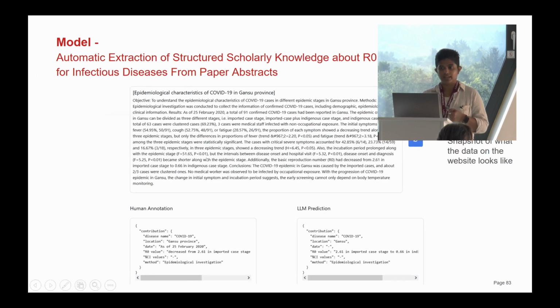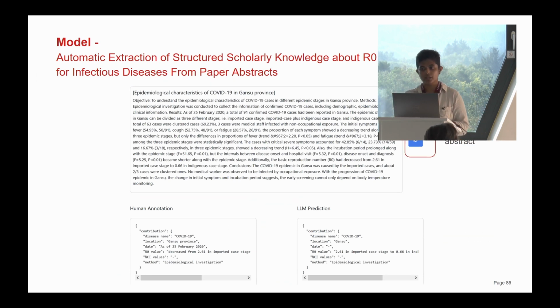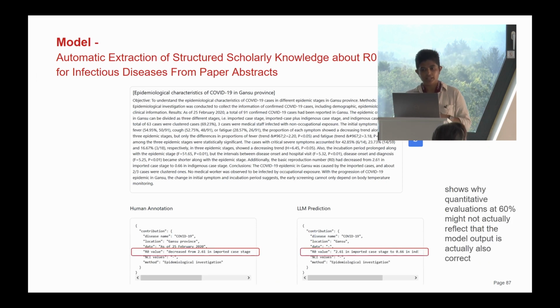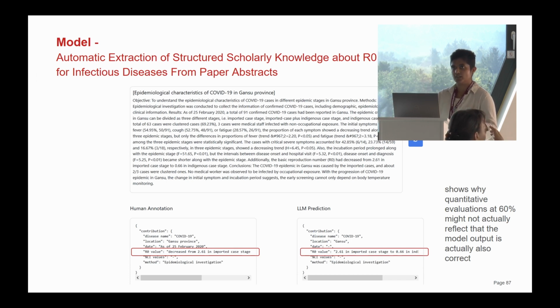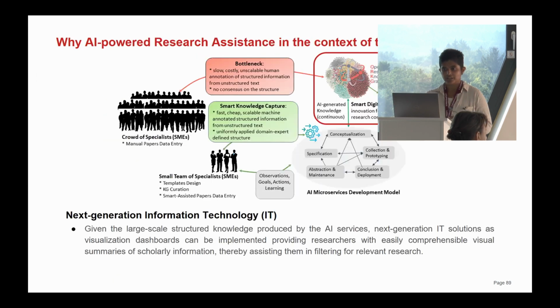Here you see an abstract, and we juxtapose the human annotation versus the LLM prediction, and you can toggle through multiple data points to see the output. The reason we did this is that oftentimes the LLM is producing information that is quite accurate, it's just missing a little specificity from the human annotation. So this is a way to qualitatively observe the data. The best fine-tuned model we released on Hugging Face.